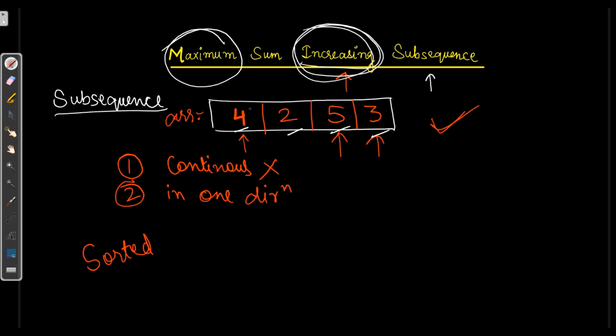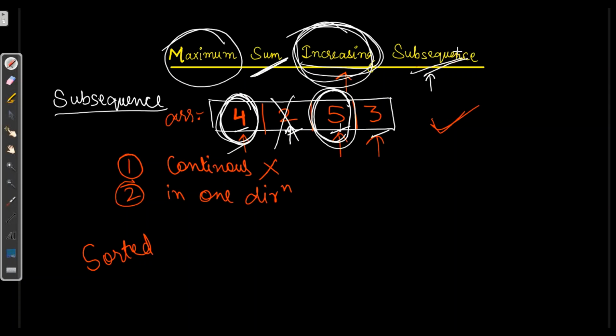So if I am taking 4, I am not supposed to take a value smaller than it. I need to compare each value: 2 is smaller than 4, whereas 5 is greater than 4. So I need to calculate the sum of the increasing subsequence.